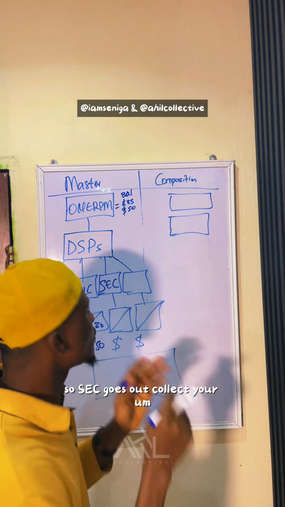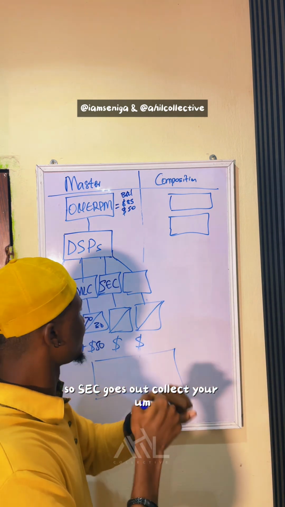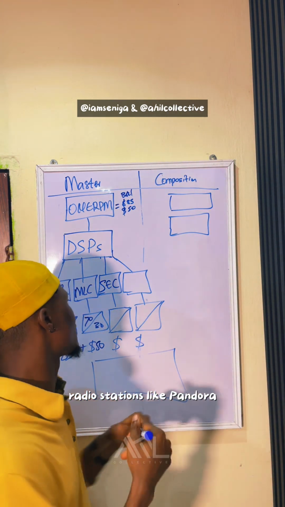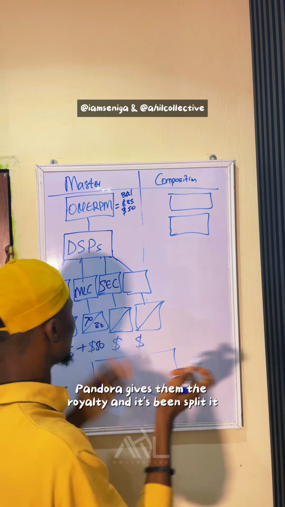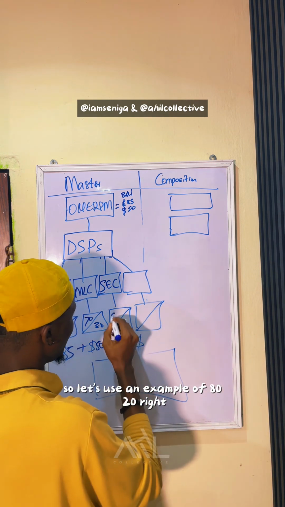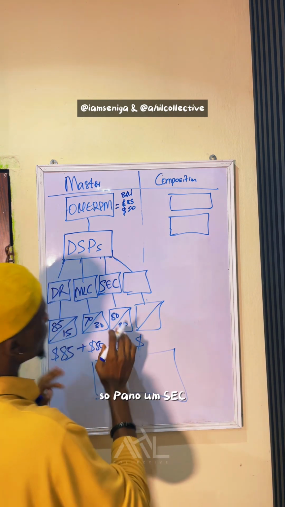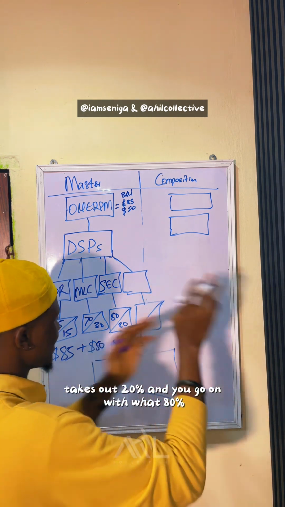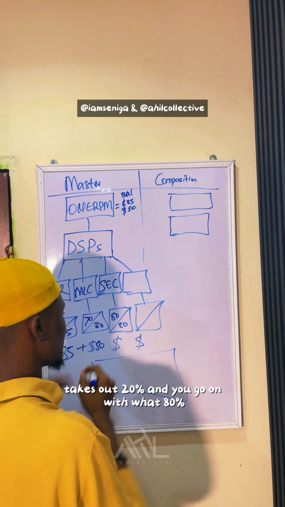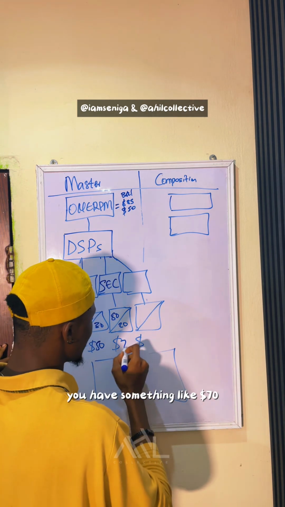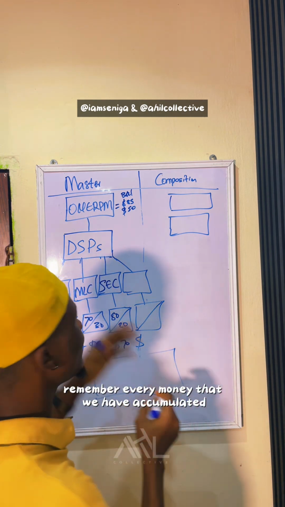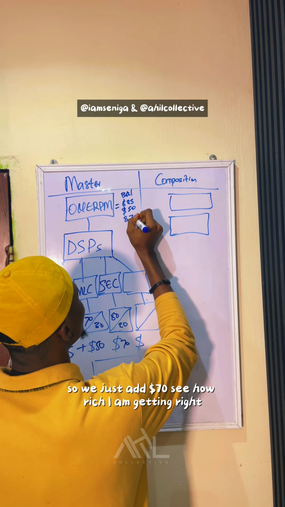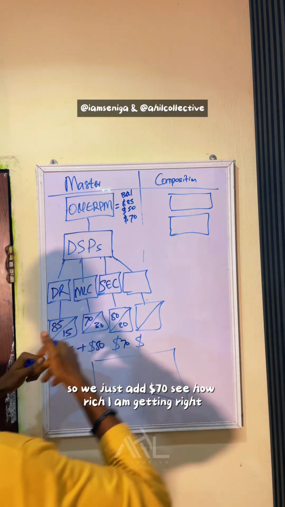So SEC goes out and collects your royalty from radio stations like Pandora. Pandora gives them the royalty and it's split. Let's use an example of 80-20. SoundExchange takes out 20% and you go on with 80%. Let's say at the end of the day you have something like $70. Remember, all the money we have accumulated, we just add to our balance here. So we just add $70. See how rich I am getting?